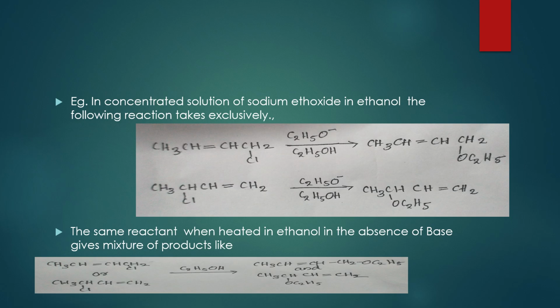That means we are not getting any unexpected or rearranged product because carbocations are not formed as intermediates. A rearrangement is possible only if carbocations or allylic cations are formed as intermediates.